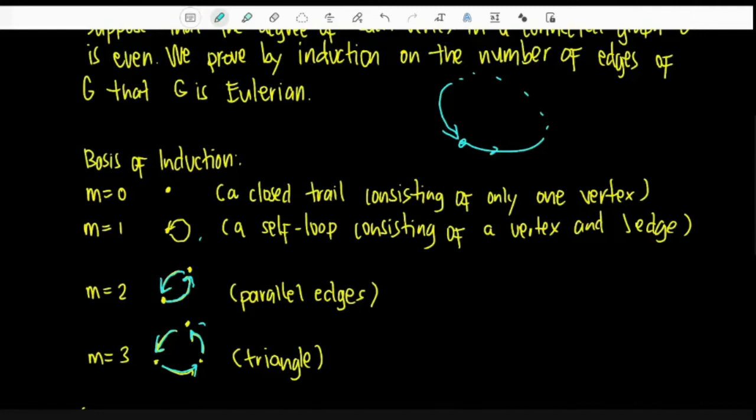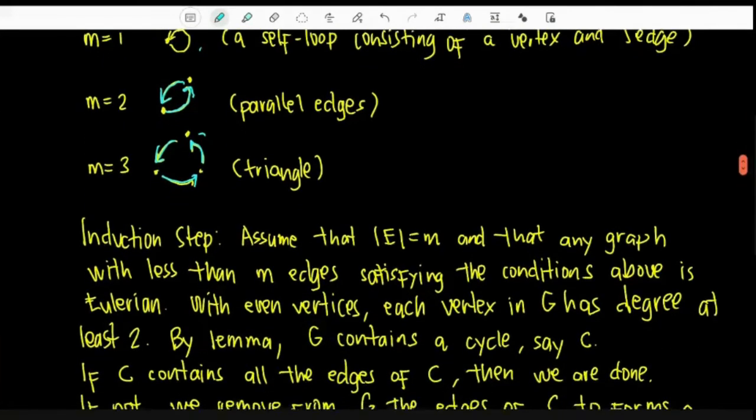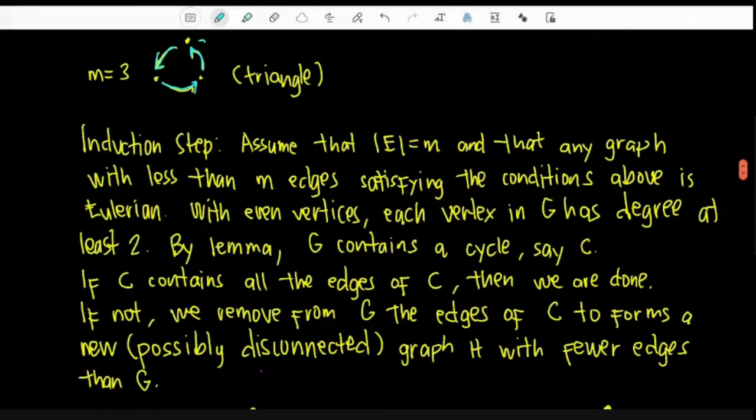So let's assume that is the case. So assume natin na pag meron tayong connected graph G, such that ang number of edges niya ay m. Tapos ang degrees ng bawat vertices ay even. Okay.